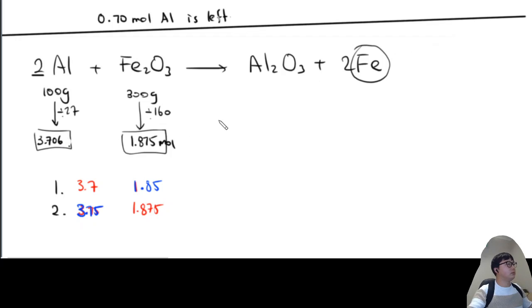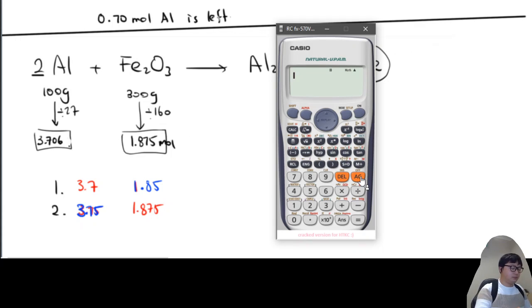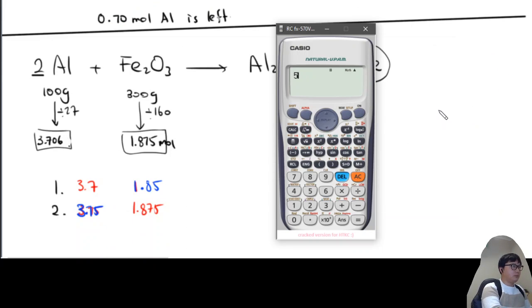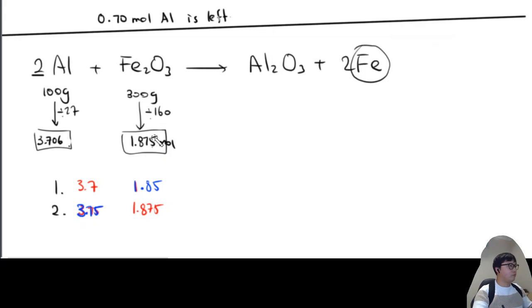And then 55.845 times 2 plus 16 times 3. So that's equal to that. And then 300 divided by the answer is actually 1.879. So they're pretty damn close.